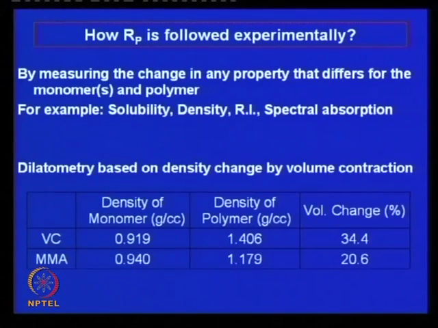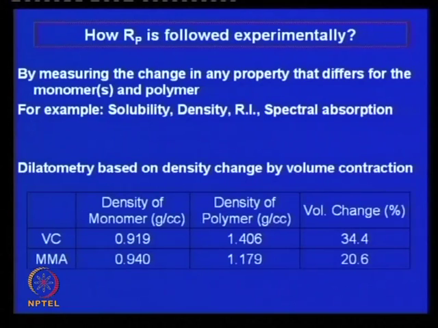Suppose you are given the assignment of synthesizing polymethyl methacrylate or polyvinyl chloride or polyvinyl acetate in the laboratory. If I ask you to evaluate the rate of such polymerization, how would you do it? That means you have to measure the change in any property that differs between the monomers and polymers.